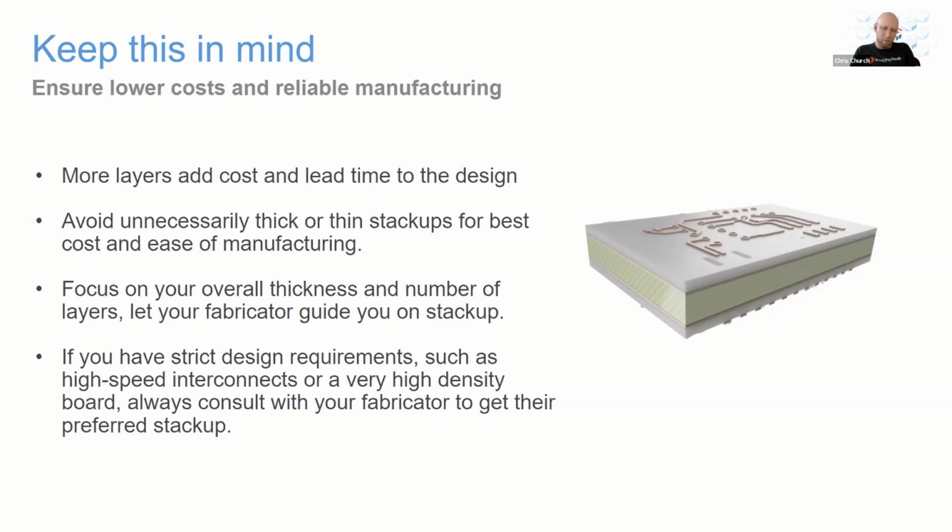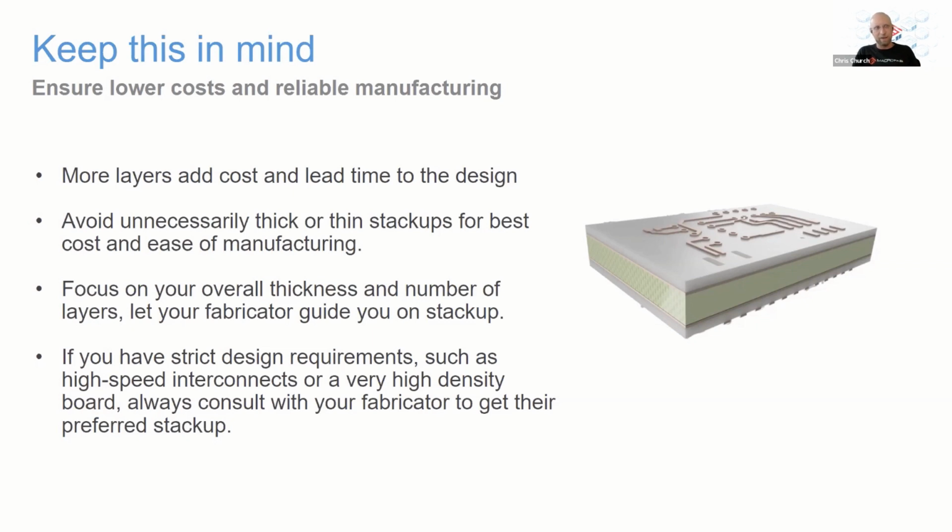What I tend to tell people when you're working with your design is to focus on how thick it needs to be if you're doing a custom thickness, and then let the fabricator tell you the best stack up. Don't try to tweak every variable in there, the copper thickness and all of that, right out of the gate. Just say, here's what I'm trying to achieve, and again, they will tell you the best stack up to use.